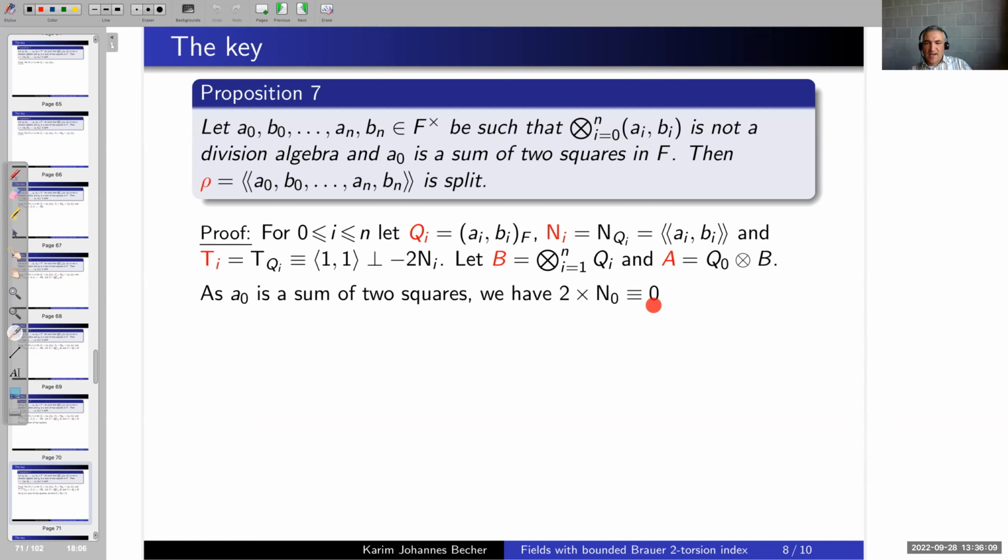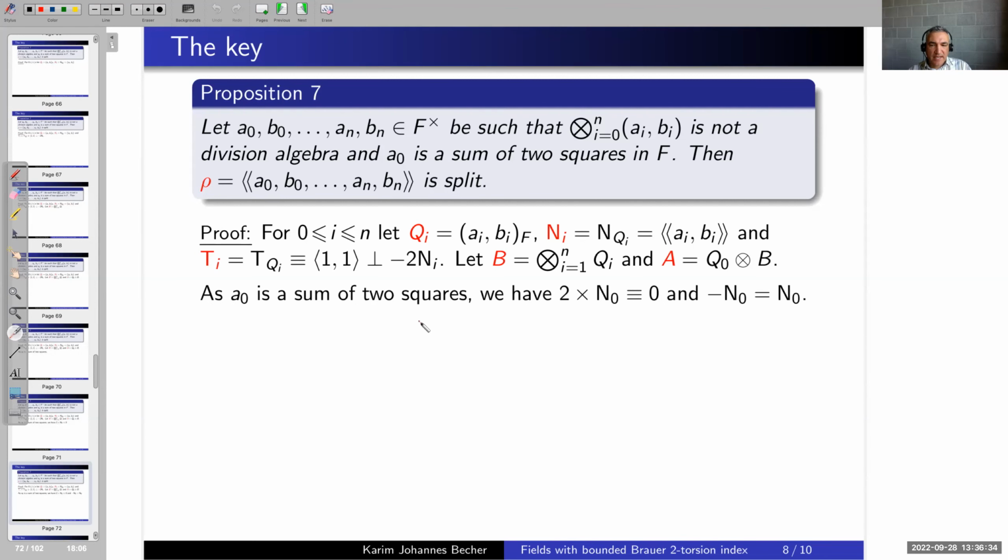So we have this, and saying the same thing in a different way is also saying that N0 and minus N0, so N0 scaled by -1, are isometric. -1 is a similarity factor of N0. So it's actually twice expressing the same thing, but we will use it in both ways now.